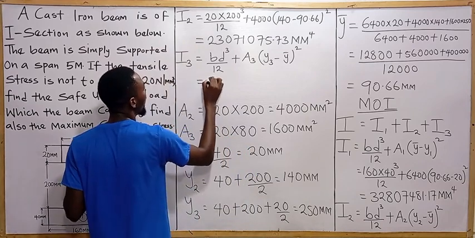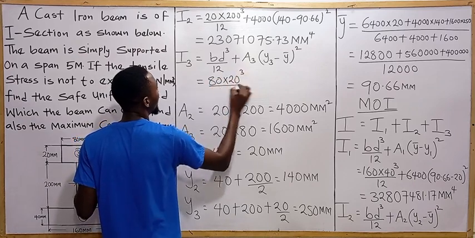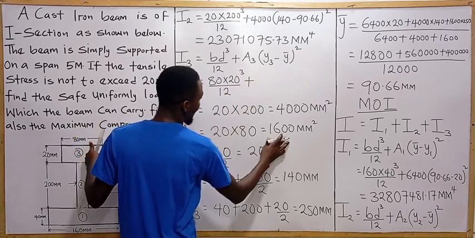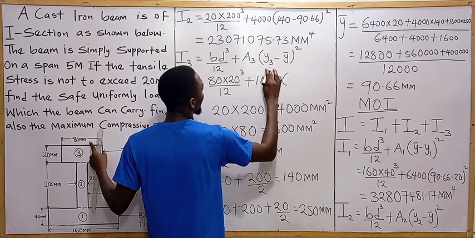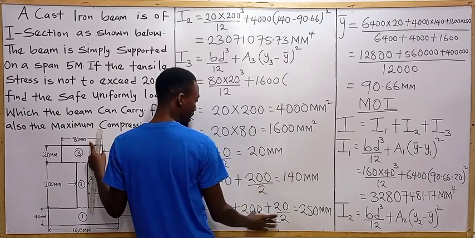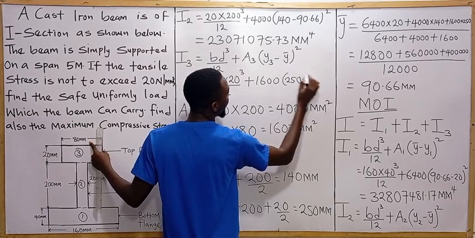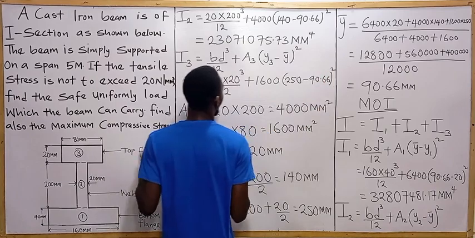So here we are going to have 80 multiplied by 20 to the power of 3 divided by 12 plus our A3. Our A3 is 1,600 into Y3. What is our Y3? Our Y3 is 250 minus our Y bar, which is 90.66, all squared.